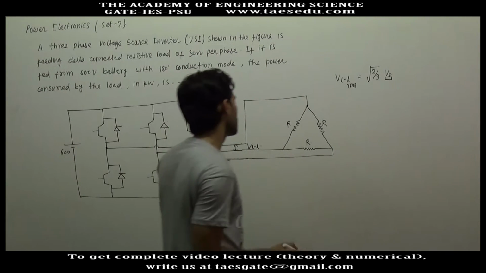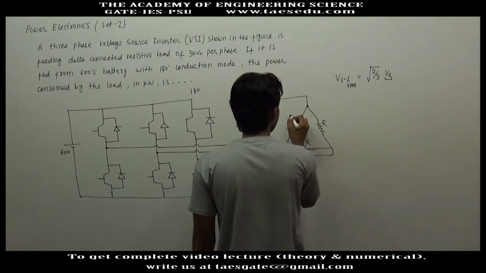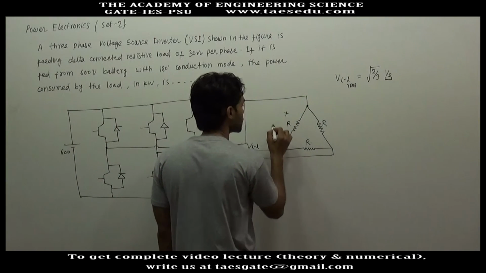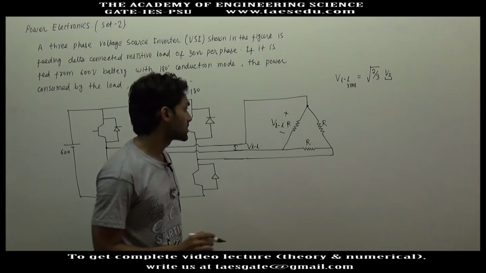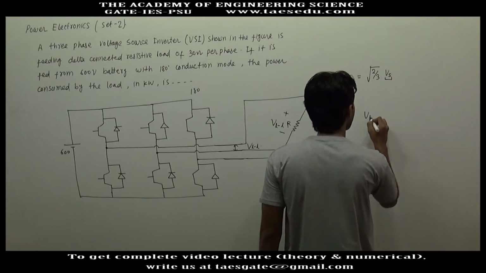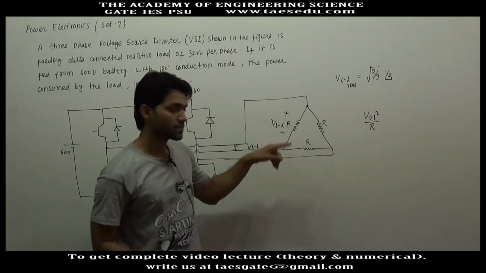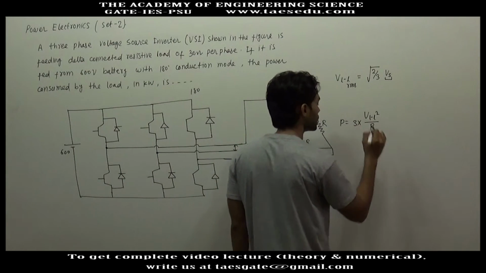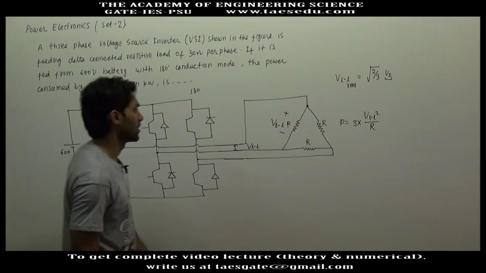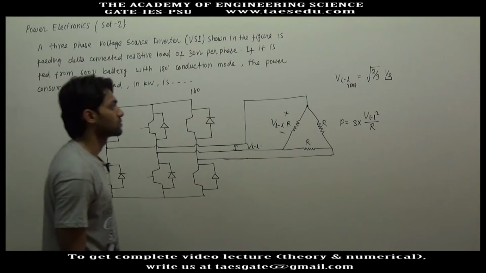Now loads are connected in delta, so each resistance will get a voltage of line to line. So power consumed in each resistance will be VLL square divided by R, and there are 3 such resistances, so the total power consumed will be 3 into VLL square divided by R, and this is the power we are required to find out.